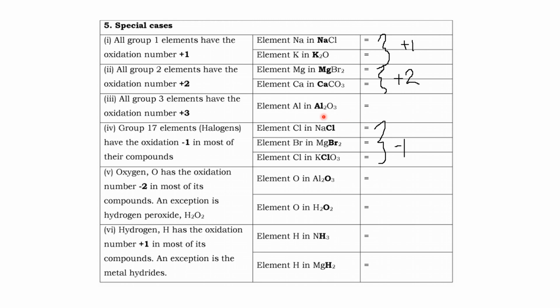But oxidation number for aluminium sahaja kat sini adalah plus 3. And oxidation number for oxygen dalam aluminium oxide is equal to negative 2. Okay, yang tu nanti kita pergi dekat exceptional tu.